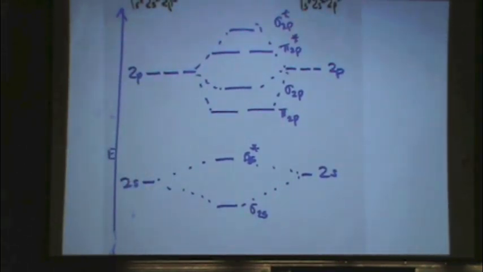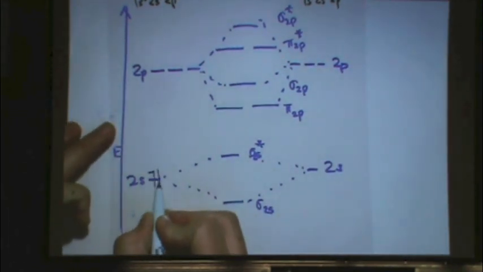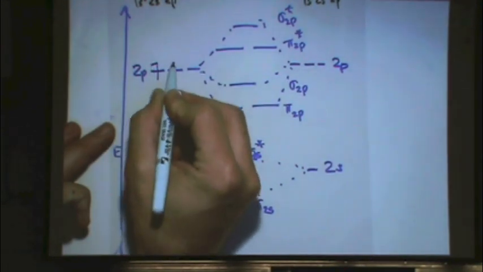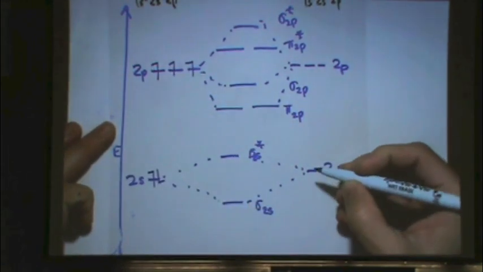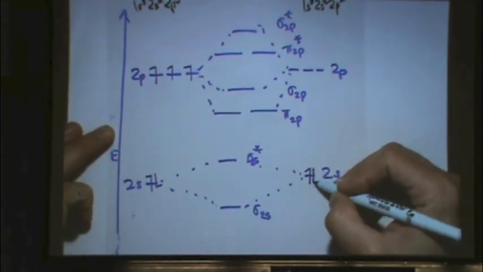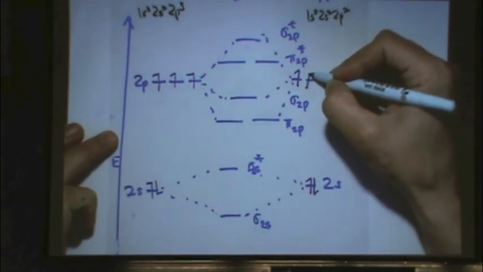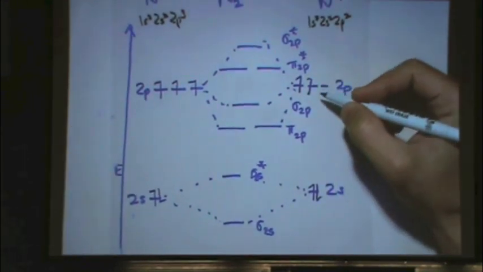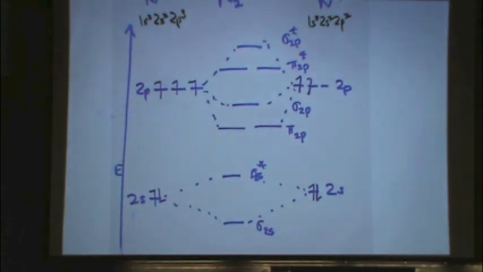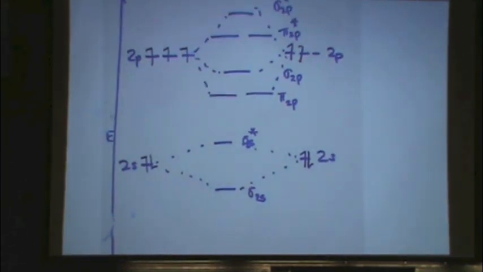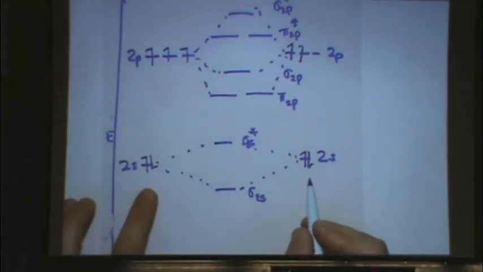And now, lastly, we fill in the electrons. On the left-hand side, it's 2s2, 2p3. And on the right side, it's 2s2, 2p2. So 2p2 is two electrons in the p. For the bottom, 2 electrons on each side, a total of 4.